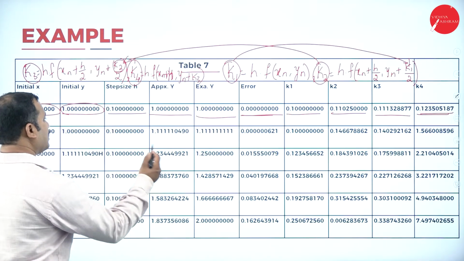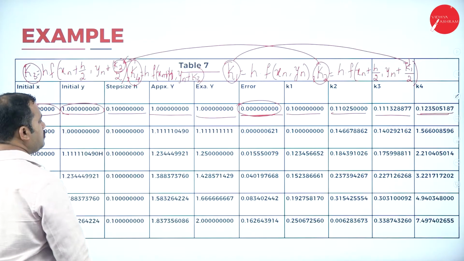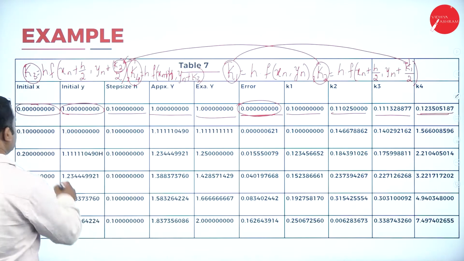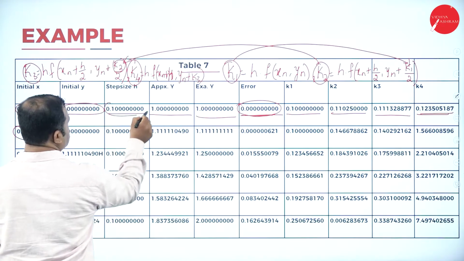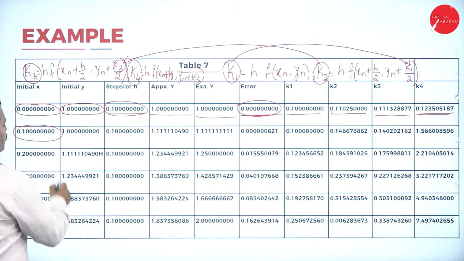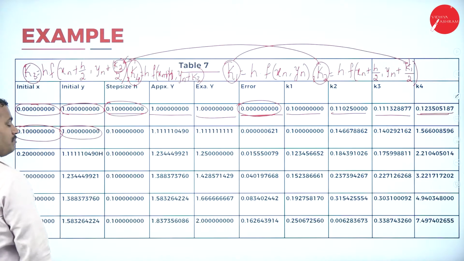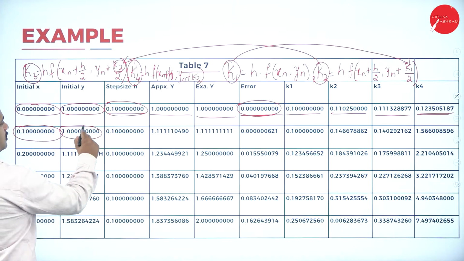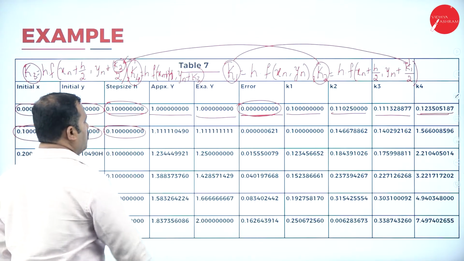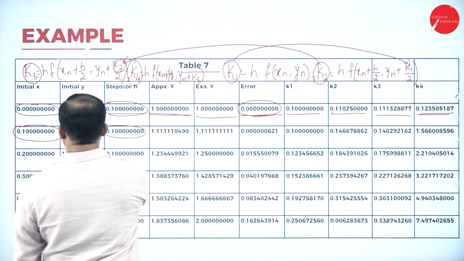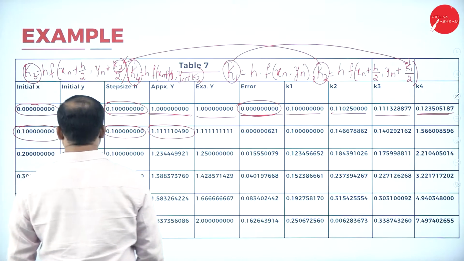Now what is the error? In this case, it is 0.000. In the next case, the initial value is 0.1, that is, step size 0.1 here. What is the upper limit? Y, that is 1.000. Then the step size again 0.1. 1.00 minus this term leads to this term, plus this term leads to this.